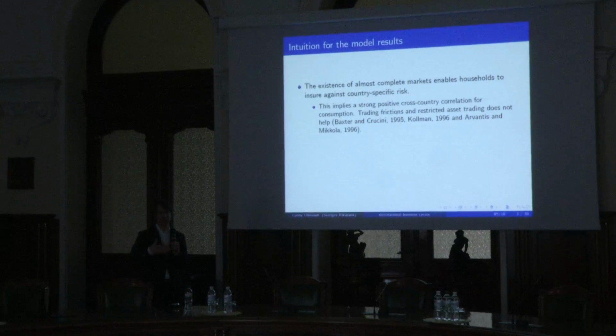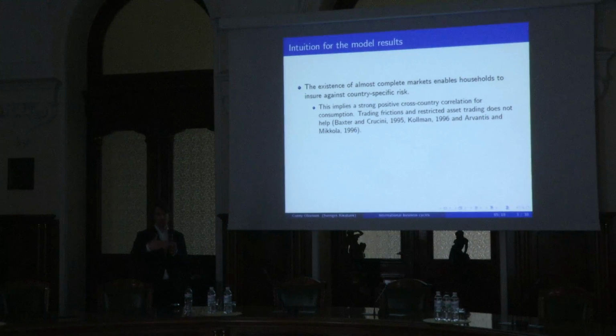That immediately will tell you that consumption will move together in these two countries. They insure each other. So if there's a bad shock in one country, the other country, through the financial market, can take positions so that consumption will then move together. And this is, as I said, a puzzle, meaning that it's not easy to get around this.